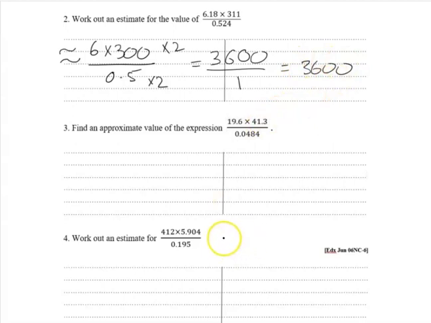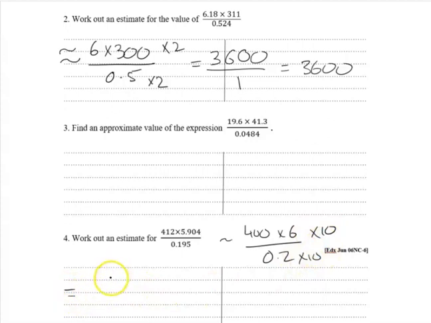Now question number 4. You're going to round it. We're going to get 400 times 6 over 0.2. So to turn the denominator into a whole number, let's multiply it by 10. So times the top by 10 as well.